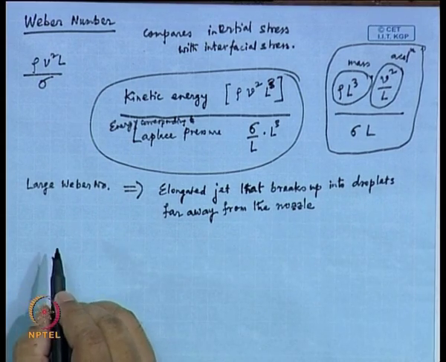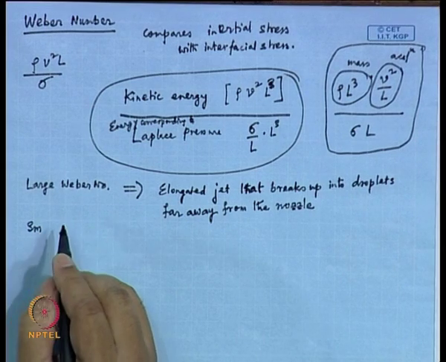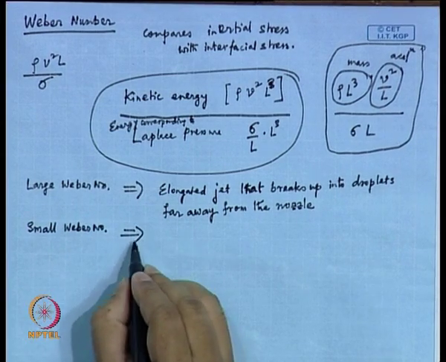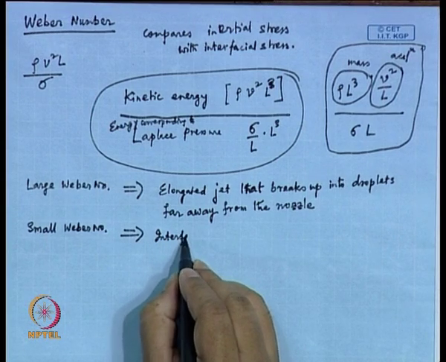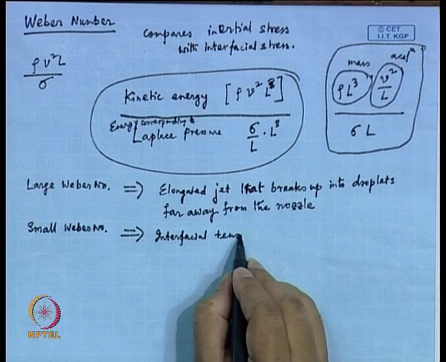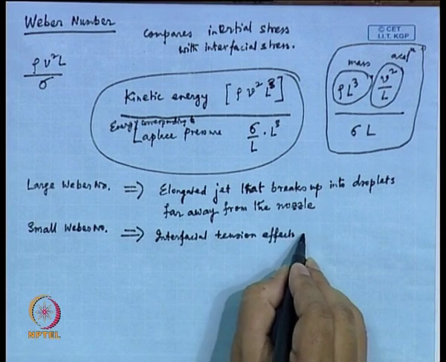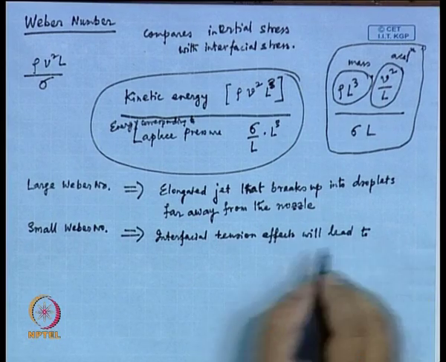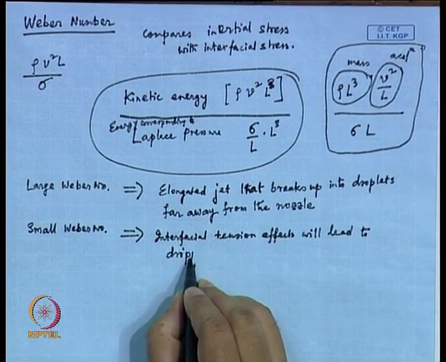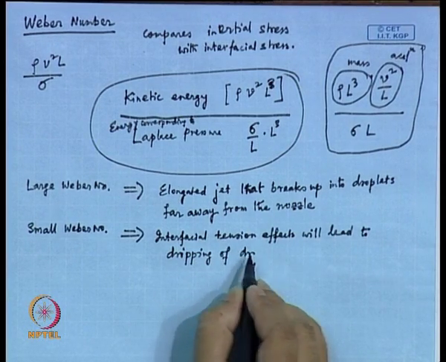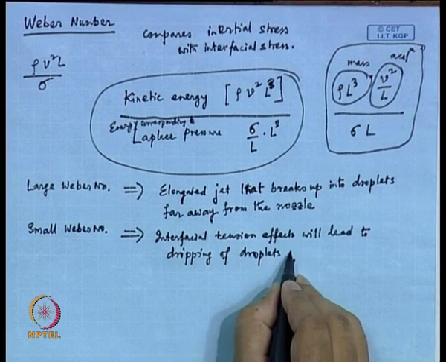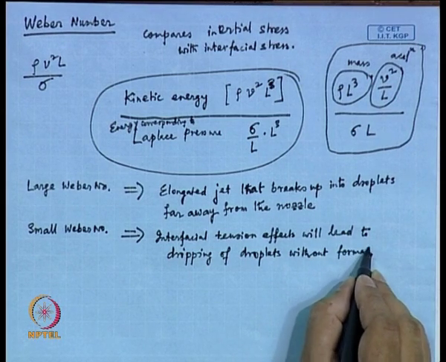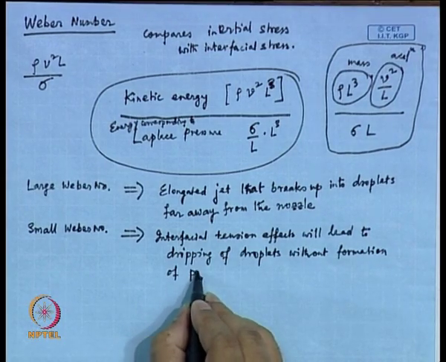Right. Now, if it is a small Weber number, this implies interfacial tension effects will lead to dripping of droplets without formation of a pronounced jet.